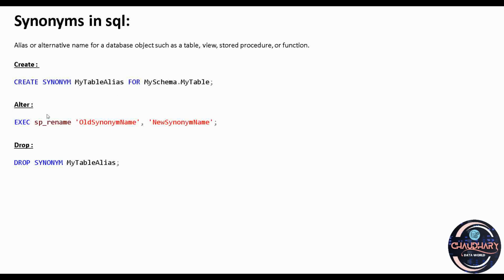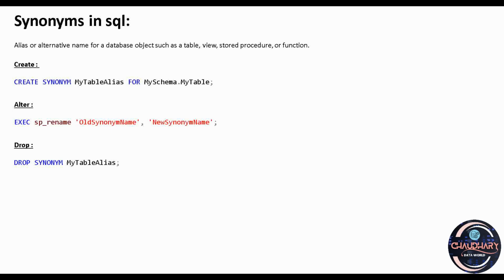After that, we have the option to alter the synonym name. Suppose today you have named the orders table as my orders, and in future you want to change it to some other alias name.